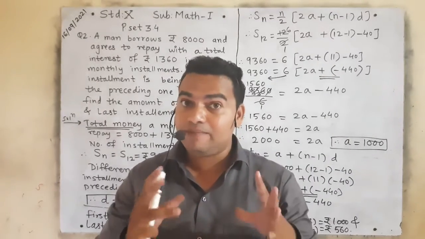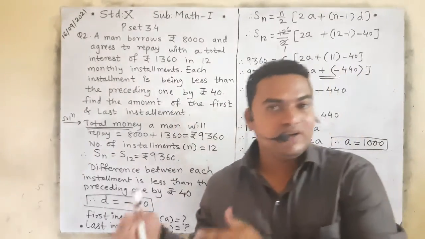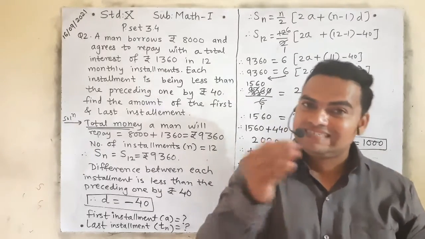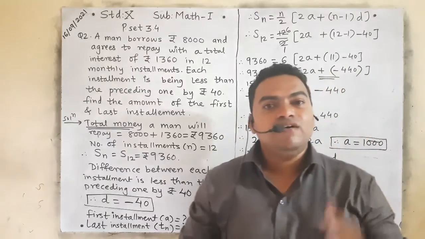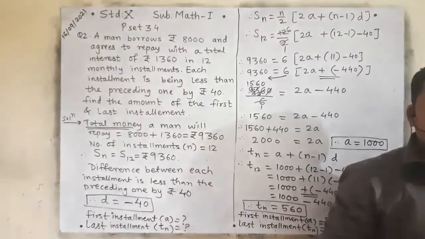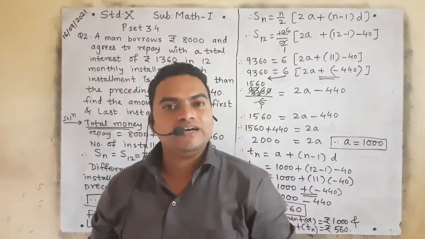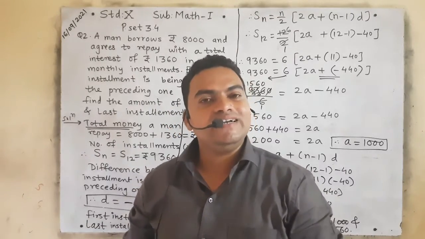Okay, suppose just imagine. So in January 500, and in February I will give 40 rupees less, यानी 500 से 40 रुपए कम, that is 460 rupees. Okay. Then in March I will give again 40 rupees less, it means 420 rupees. Then in April I will give 380 rupees.